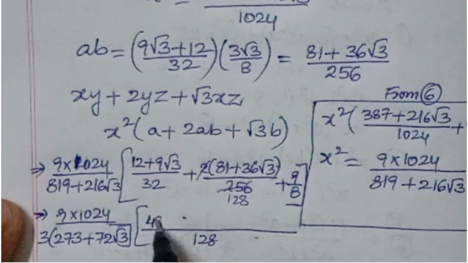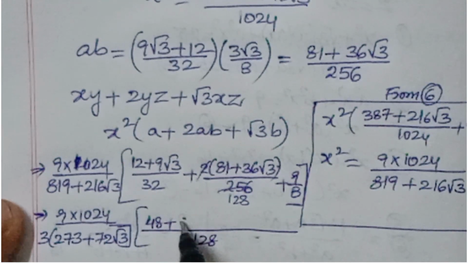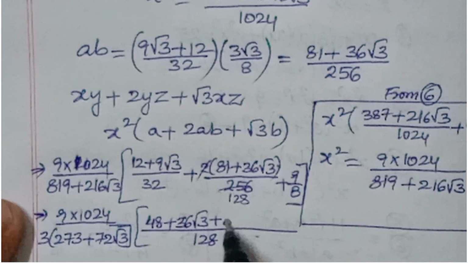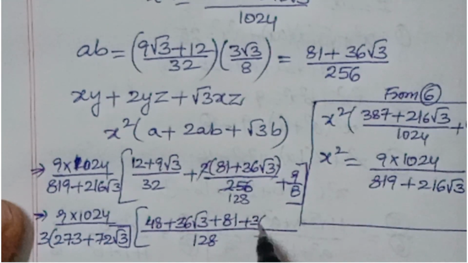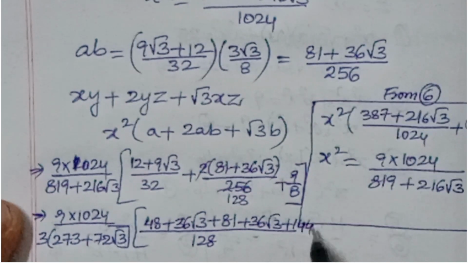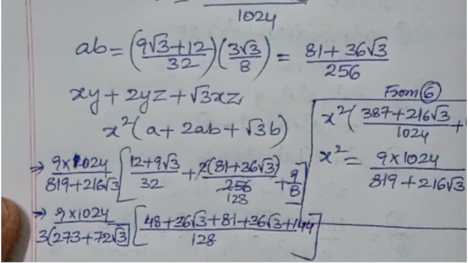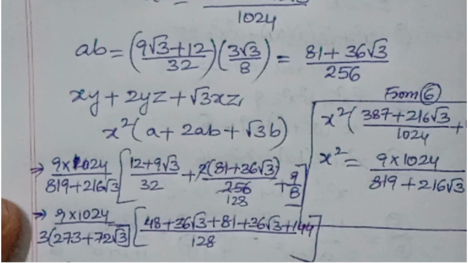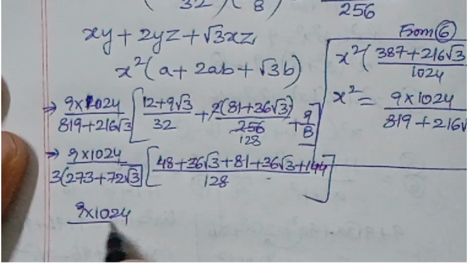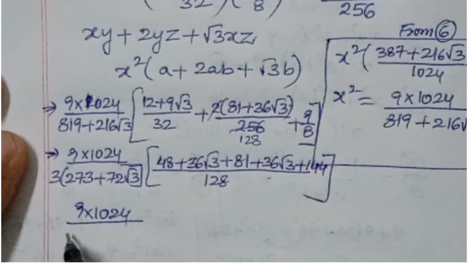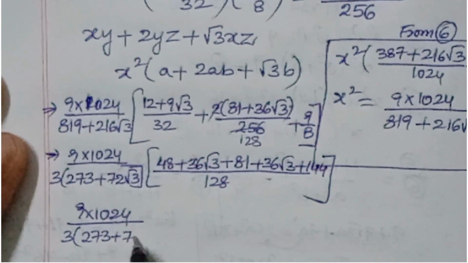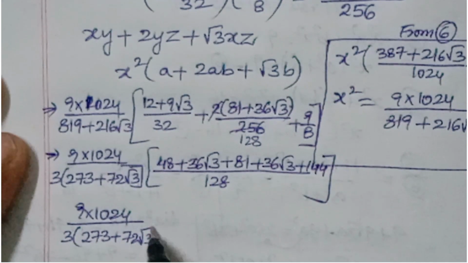So 48 plus 36 root 3 plus 81 plus 36 root 3 plus 144. So here what we will get: 9 into 1024 by 3 into 273 plus 72 root 3.